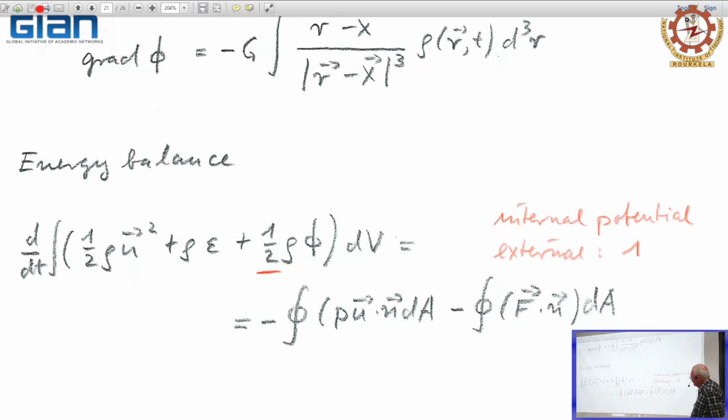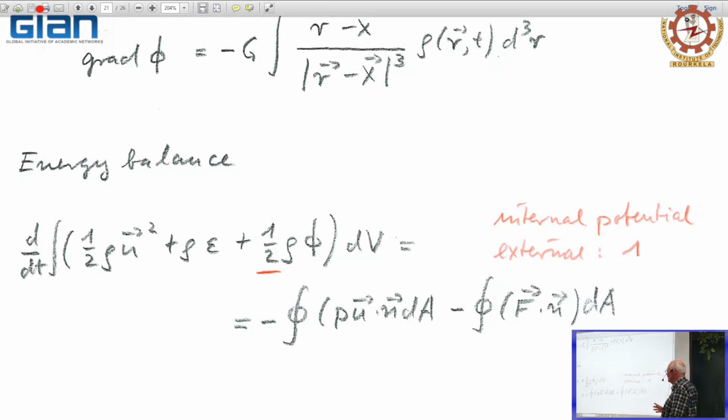There is now a factor of 1/2 appearing once we consider an internal gravitational potential, and this factor is actually 1 when we have an external potential, once we put our configuration into the potential of an external body.